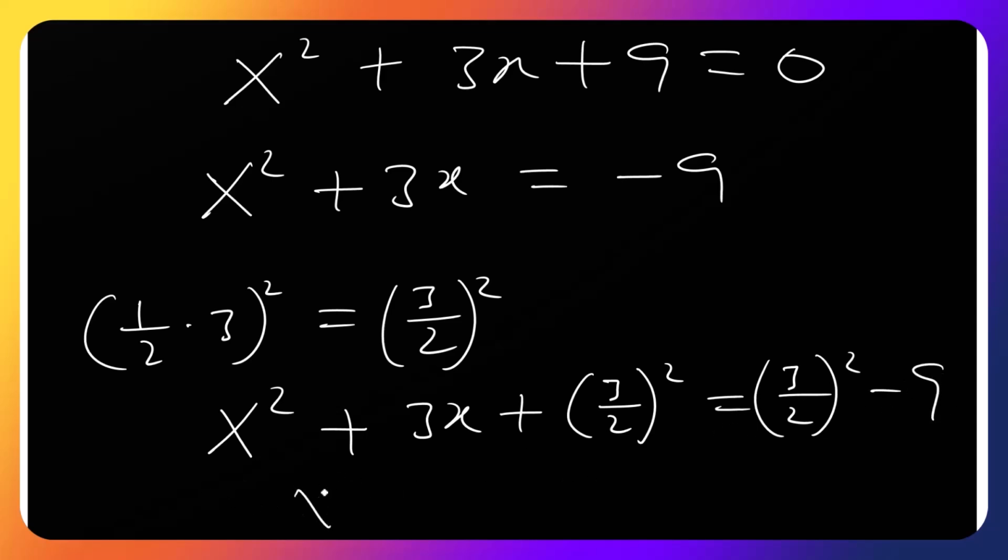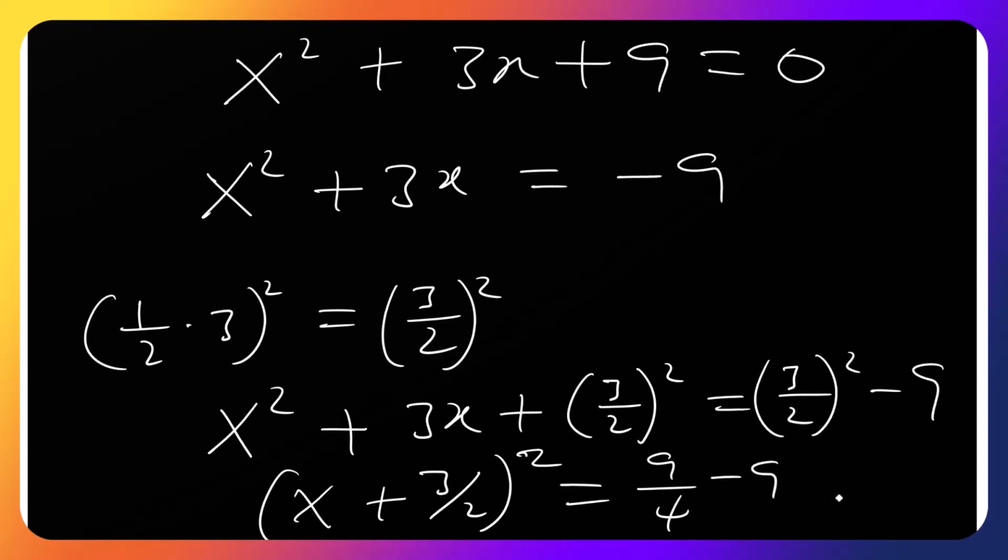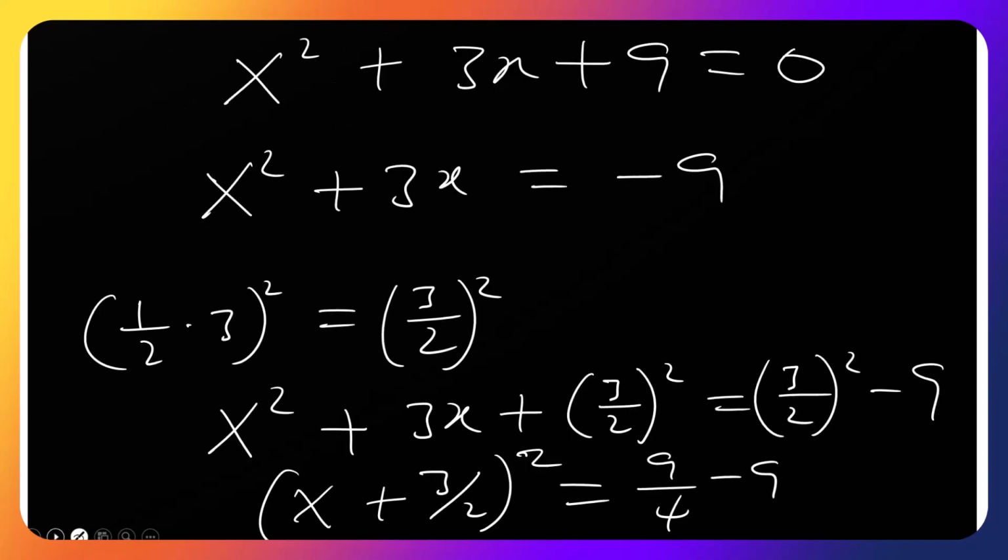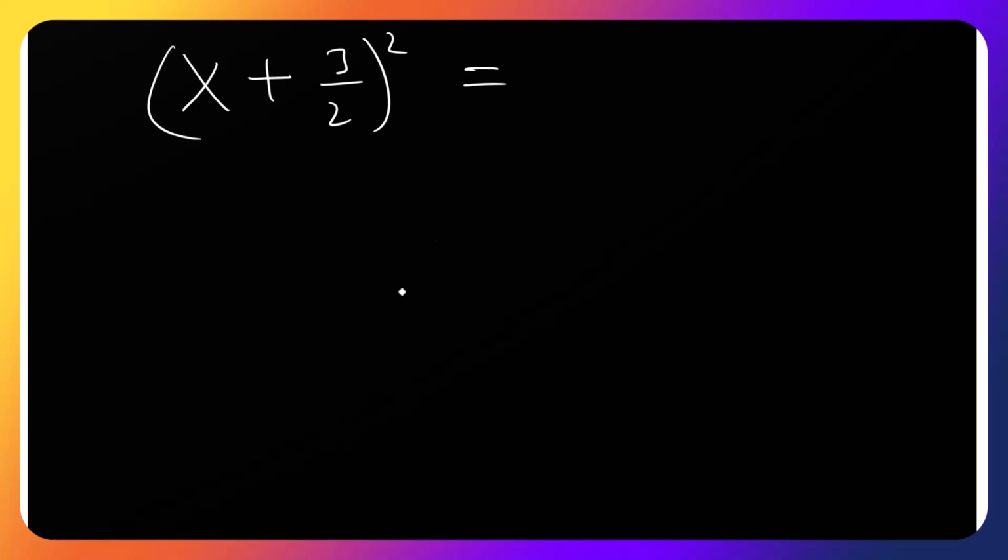So we have x plus 3 on 2 all squared equals, so this side will be 9 on 4 minus 9. Okay, so x plus 3 on 2 all squared equals, so let's put them together. 9 on 4 minus 9.